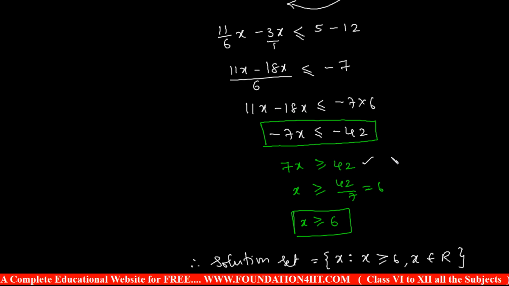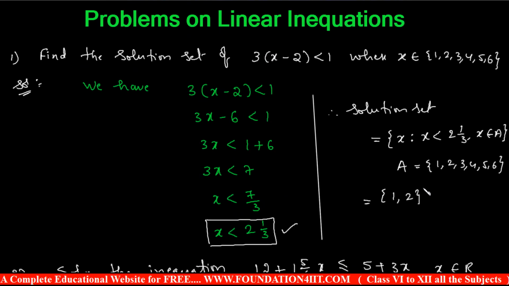Whenever you multiply both sides by a negative number, the sign will be interchanged. Less than or equal to becomes greater than or equal to. Based on that we got this. So these are the problems we can do for finding the solution set.